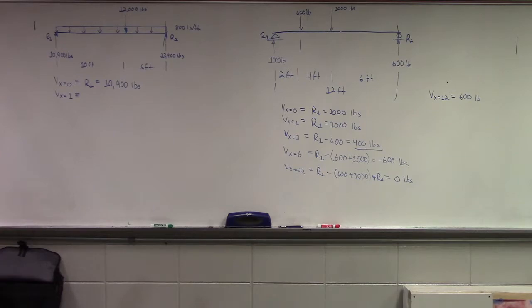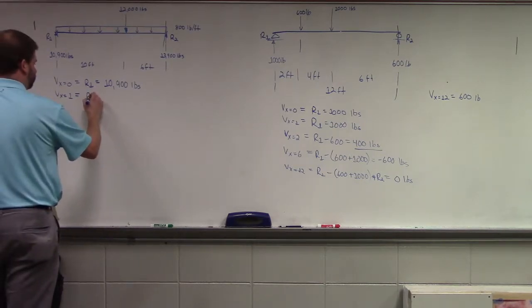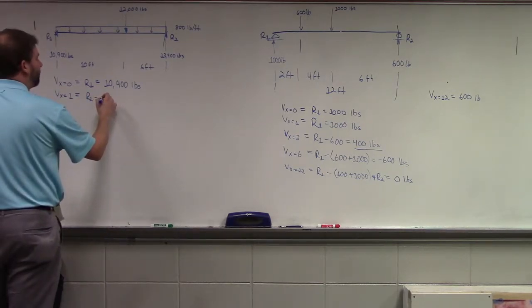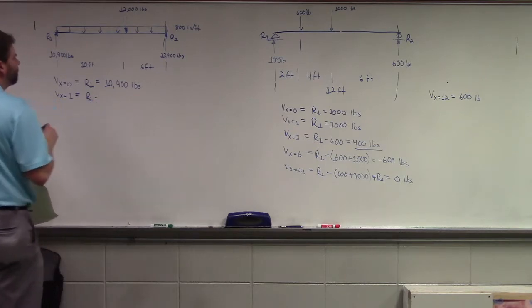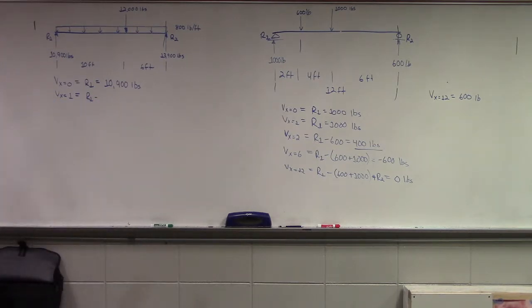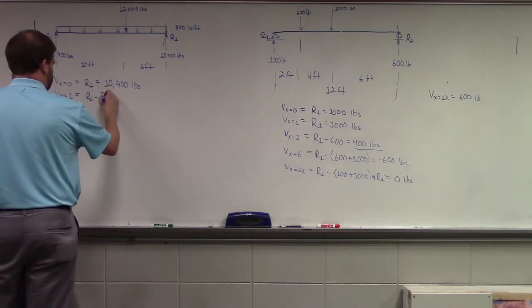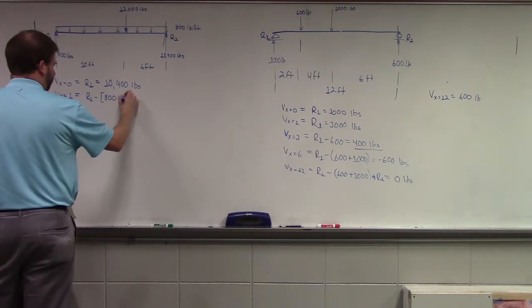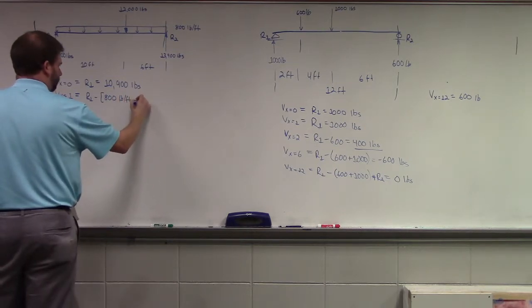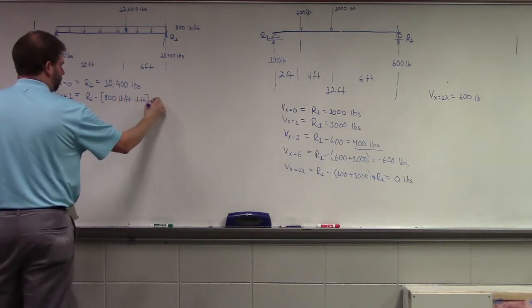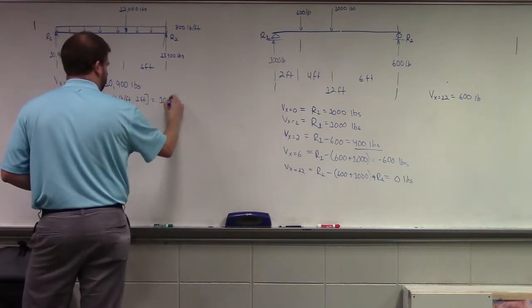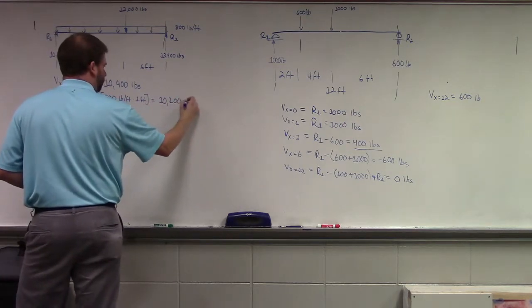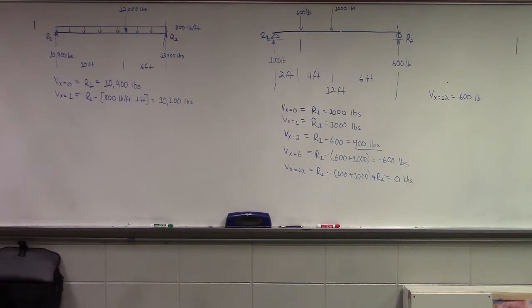You still have R1, but then you have 800 pounds times 1 foot plus 10,900. Would it be plus? Because it's 800 pounds per foot, it's adding on, because we're doing both, not just a point. Right? 10,100 pounds?